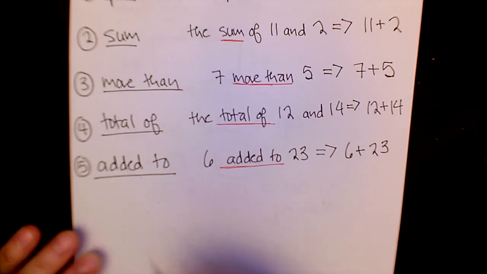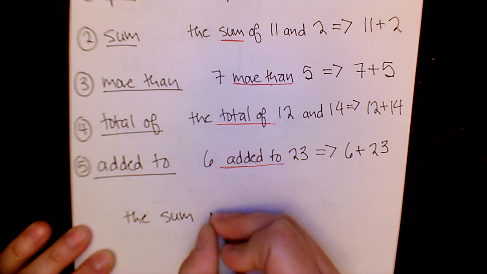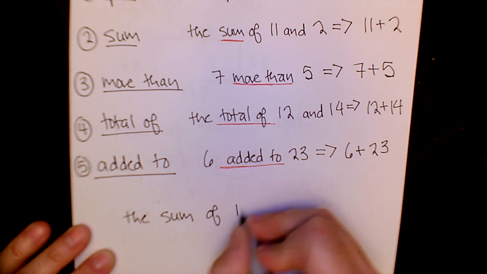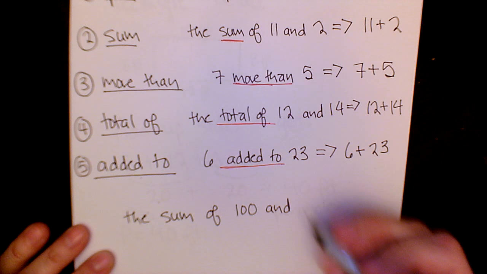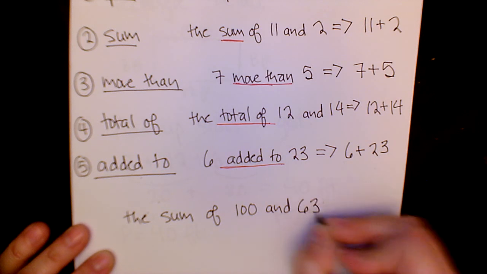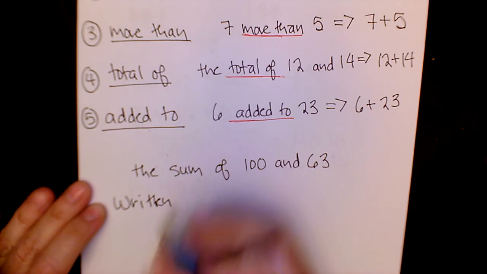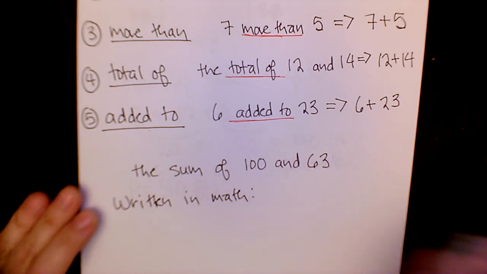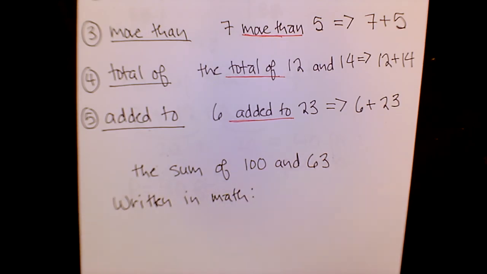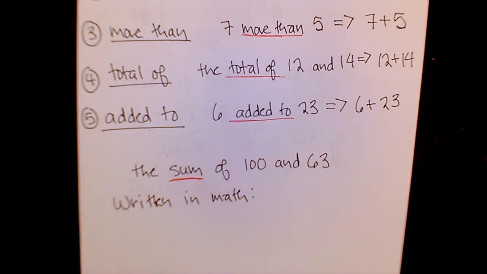Let me just do a couple more examples. Let's say the sum of 100 and 63. How would I write that in math? Well, I see my key word, sum.